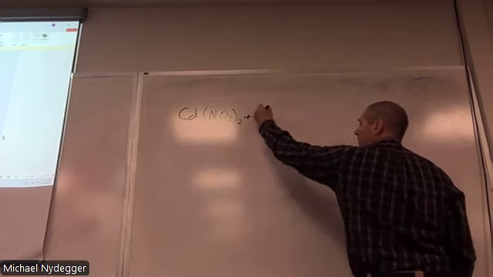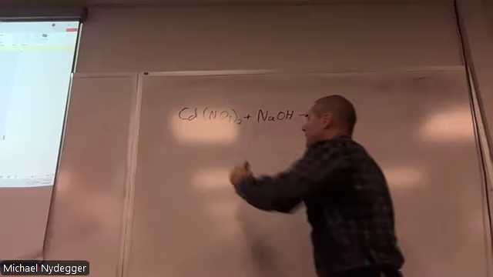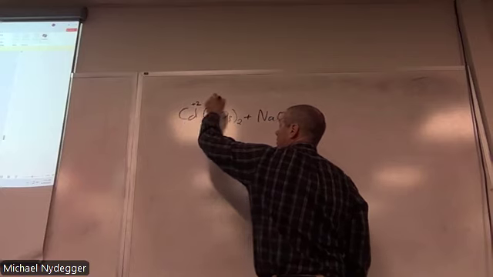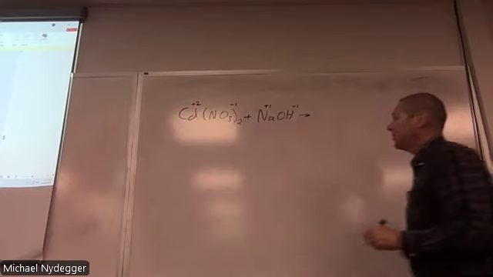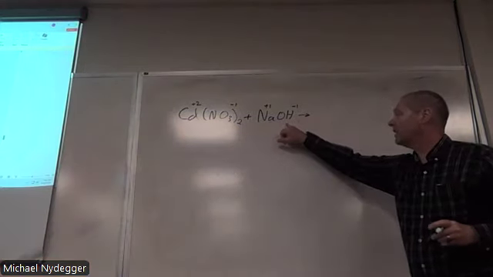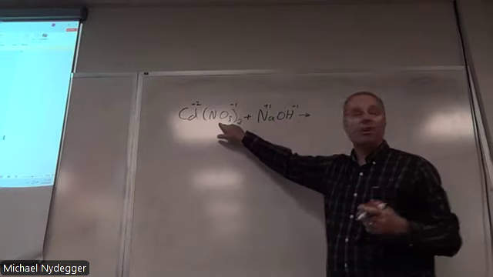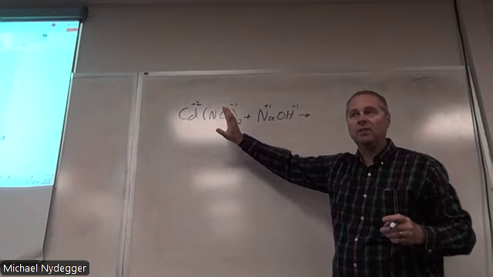And it's going to react with sodium hydroxide. This is going to be a +2 charge, that's a -1, +1, -1, correct? The cadmium is going to react with the hydroxide, and the sodium and the nitrate are going to remain in the aqueous solution. We're good? Any questions on that?